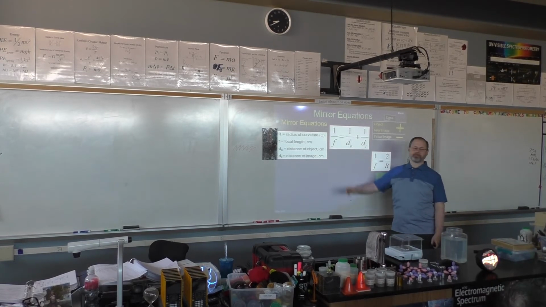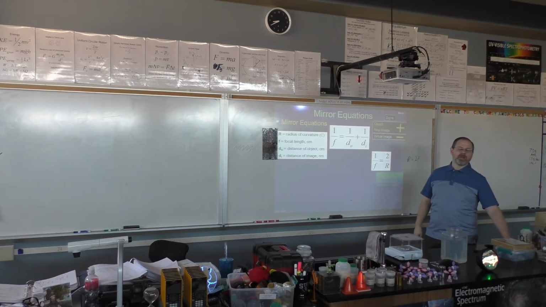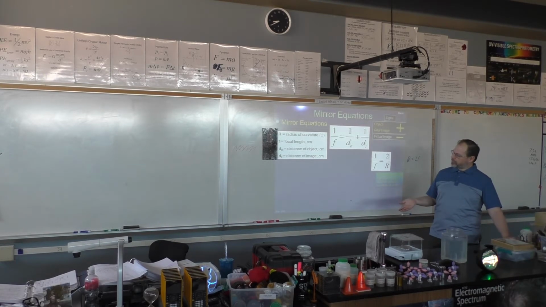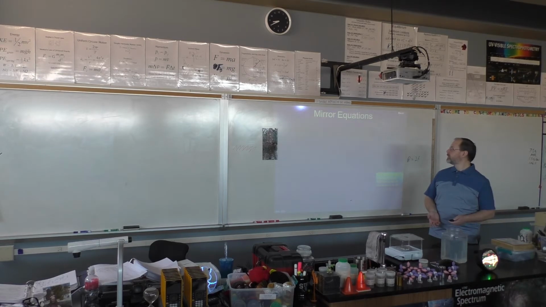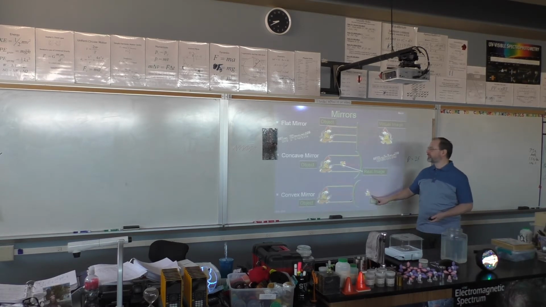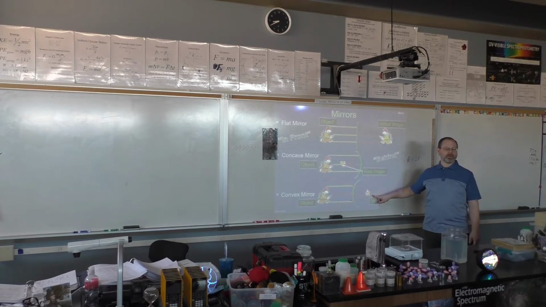What about F? Is F always positive, or can it also be negative? It can also be negative, because if you go back a few slides, you remember that the focal point for a convex mirror is virtual. A convex mirror has a virtual focal point.